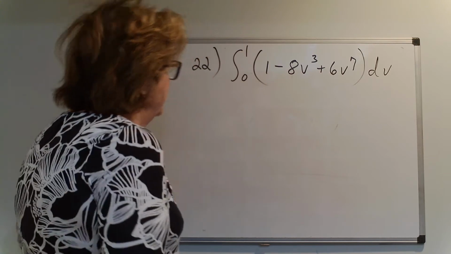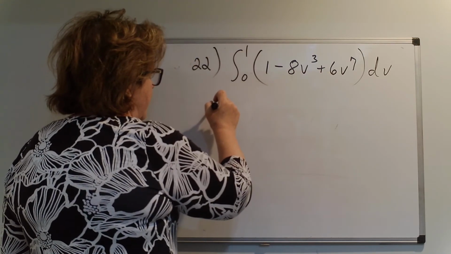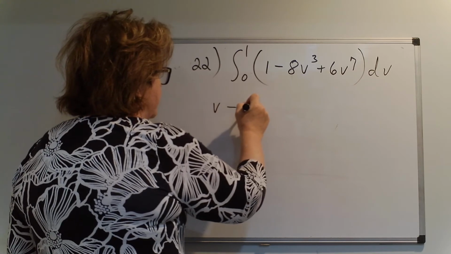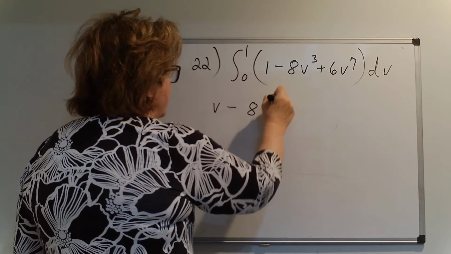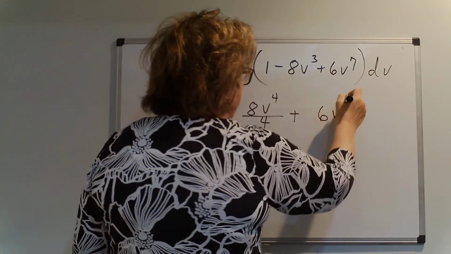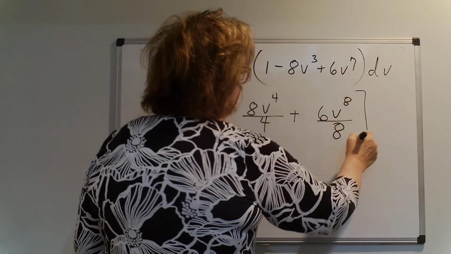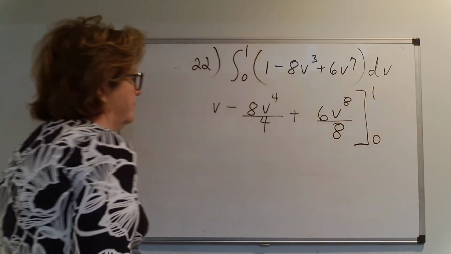Okay. So all we do is get the antiderivative, which is going to be v minus 8v to the 4th over 4 plus 16v to the 8th over 8. And we're going to evaluate that from 0 to 1.